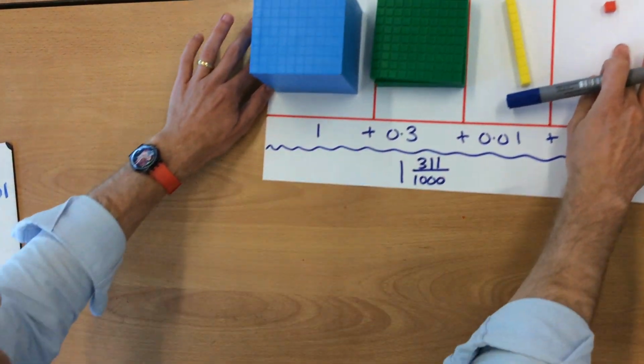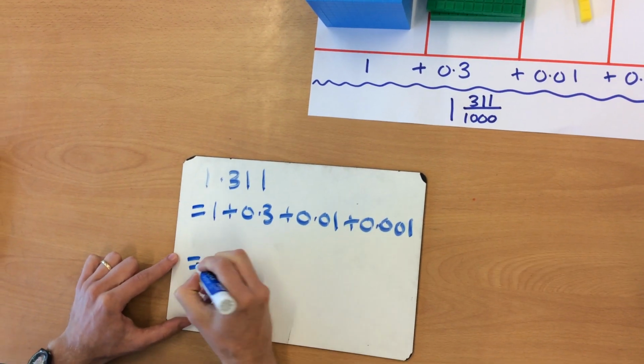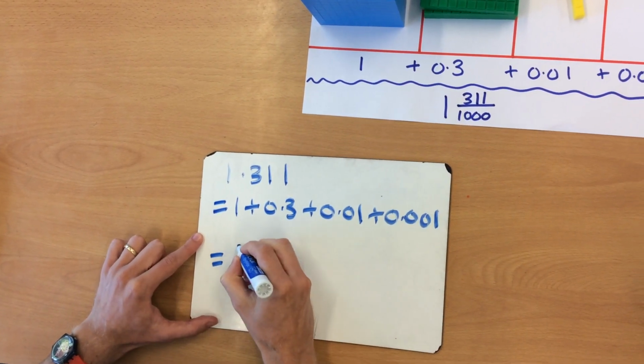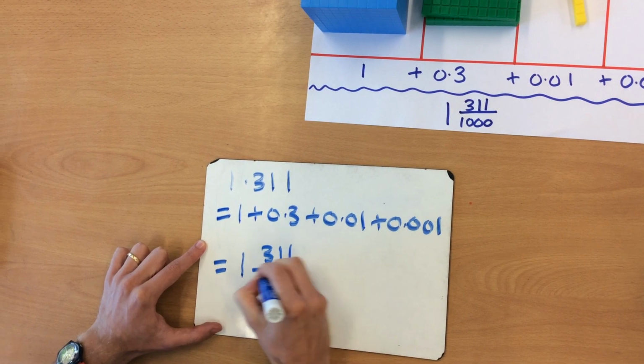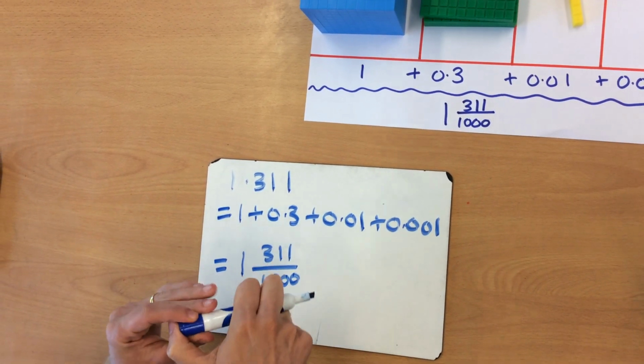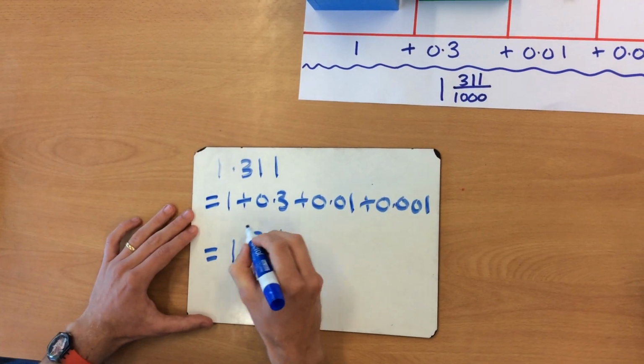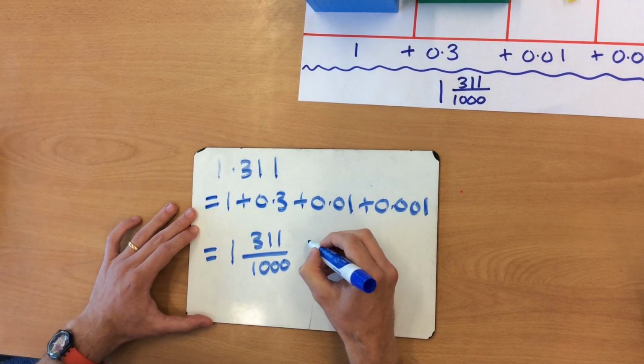So I'm just going to put that to the side, go back to my whiteboard and write that down so I don't forget. So 1.311 is the same as 1 whole and 311 thousandths. Now, Mr. Conway's top tip: one thing that Year 5s often do as a marvellous mistake is they'll write 1 and 311 thousandths like this.